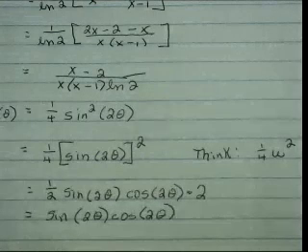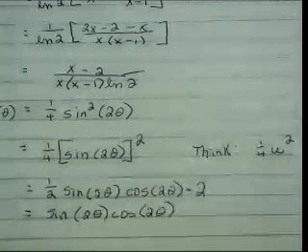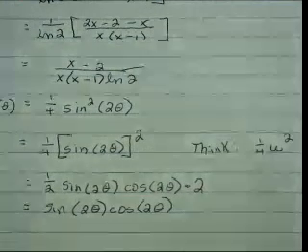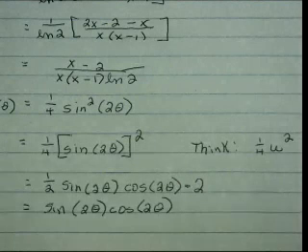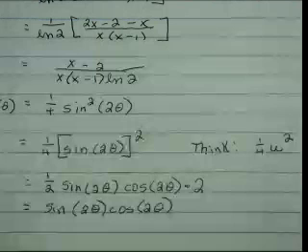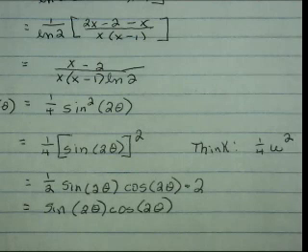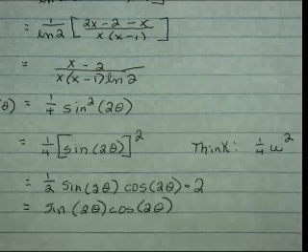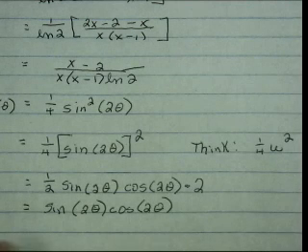Yes, it may clean up to be something more special if you remember the double angle formula for sine and the double angle formula for cosine. I don't wag those around in my head, so I don't expect you to wag those around in your head. I'm totally okay if you have sine 2 theta, cosine 2 theta. I happen to have sine 2 theta memorized. I don't have cosine 2 theta memorized. So, yeah, we could look it up, but it's not necessary as far as the test goes.